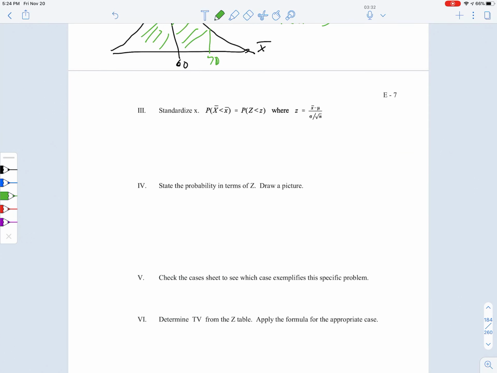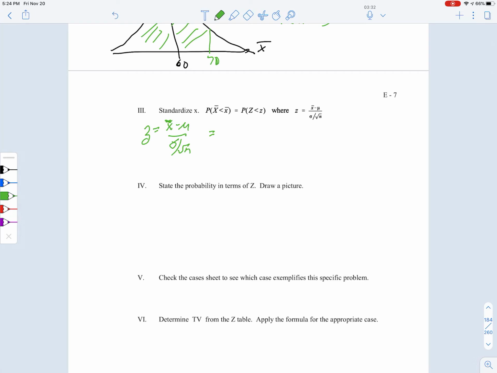Standardize X. The only difference here is that instead of having X minus mu, we have X bar minus mu, and then instead of sigma, we have sigma over the root of n. That's the difference when we're dealing with a sample.